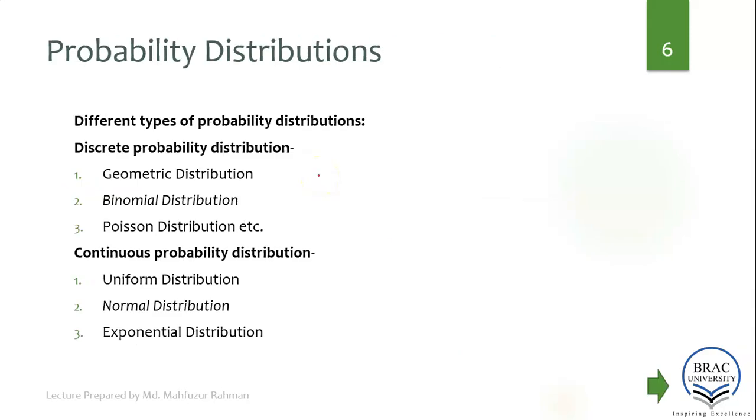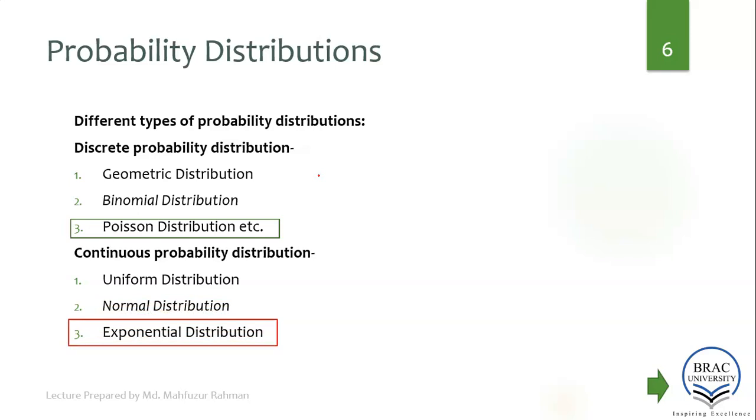Now you have already covered the discrete probability distributions like geometric, binomial, and Poisson distribution. In this lecture we are going to cover the normal distribution, and after that, very briefly, the exponential distribution.